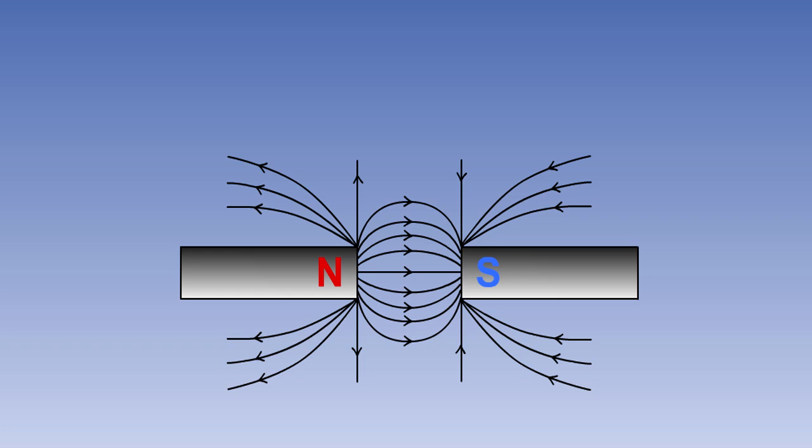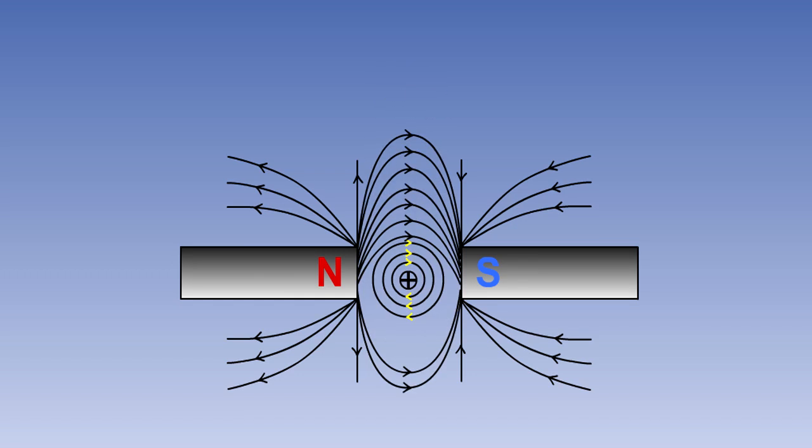You will recall that the lines of flux between two opposite magnetic poles look like this, and that the magnetic field around a current-carrying conductor looks like this. If the current-carrying conductor is placed between the two opposite magnetic poles, the two sets of magnetic fields will interact.